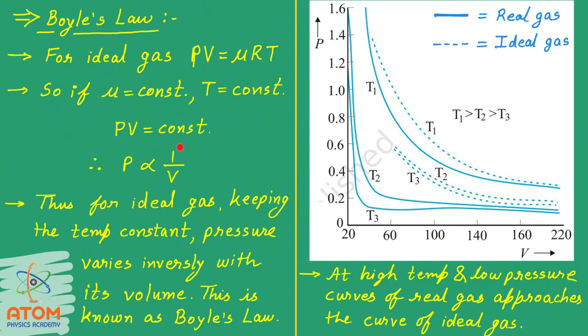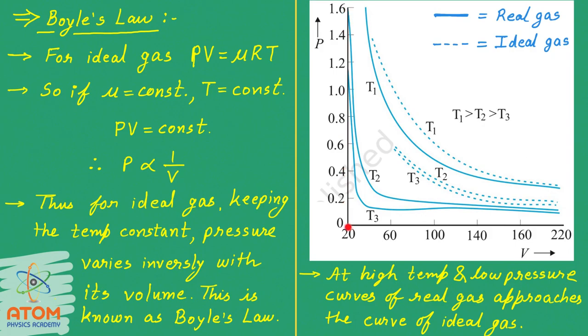So we can say P is inversely proportional to V. Pressure is inversely proportional to volume. Thus for ideal gas, keeping the temperature constant, pressure varies inversely with its volume. This is known as Boyle's law.